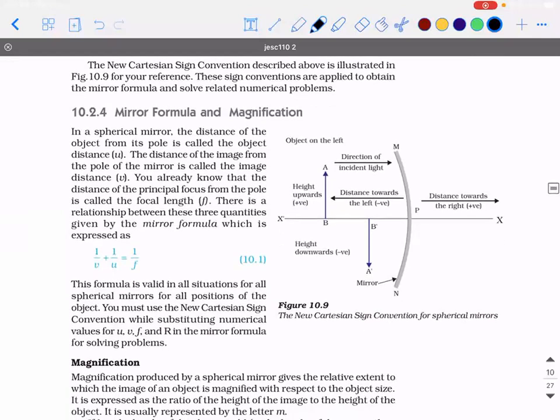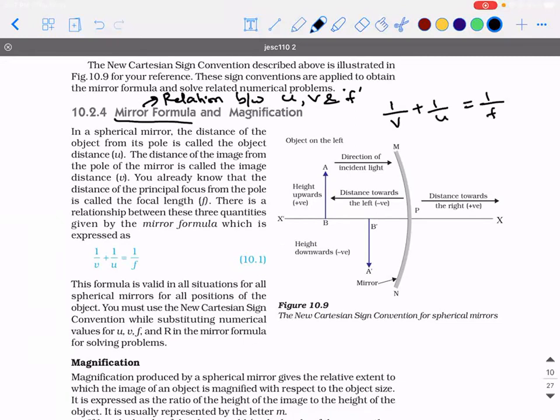Now, there is a formula called the mirror formula, which gives the relation between u, v, and f. So the relation between u, v, and f is given by a mathematical equation, which is called the mirror formula. And the formula is like this: 1 by v plus 1 by u is equal to 1 by f.